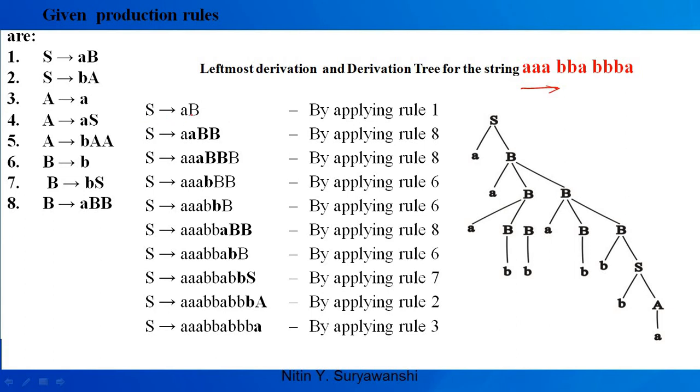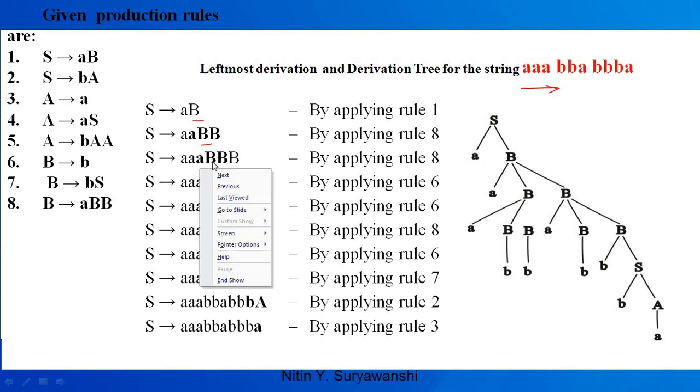So S gives aB. This is the first rule. Then I replace this B such that the second string will be a, so I use that aBB. Then again I replace this B such that the third string should be a, so again I repeat that rule.